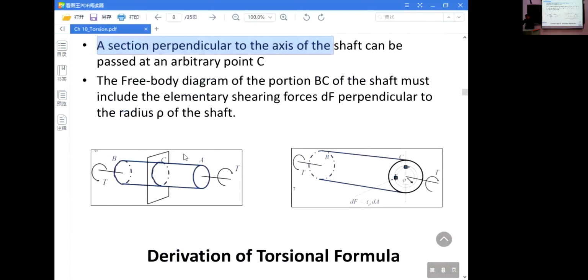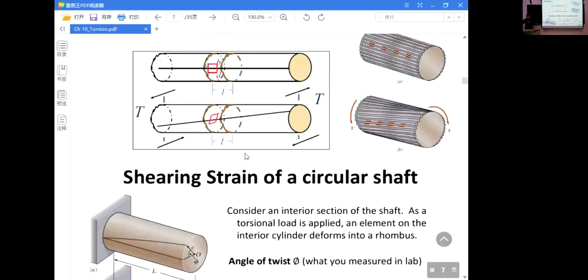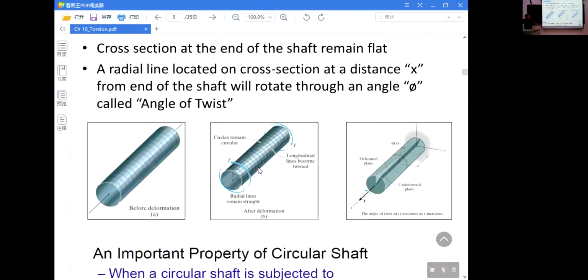Because we know from the experiment, the shaft doesn't expand and doesn't contract. So the length of the shaft remains and doesn't change with the deformation. If the length doesn't change, it means what?